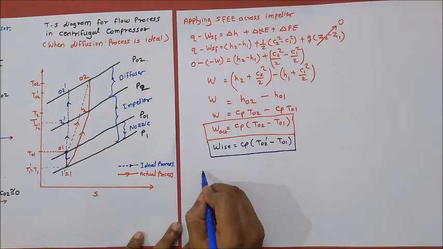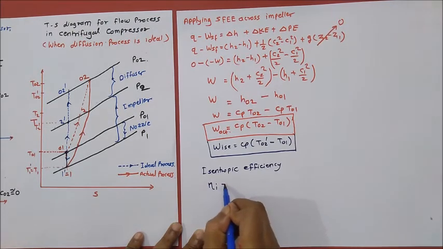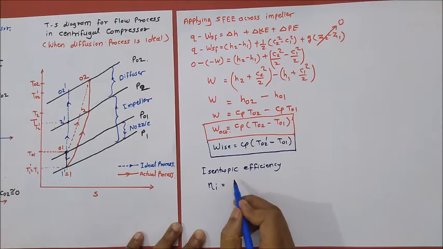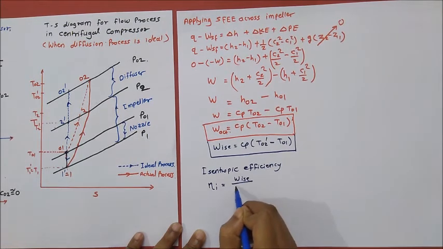Next is isentropic efficiency. Isentropic efficiency can be written as the ratio of isentropic work to the actual work.